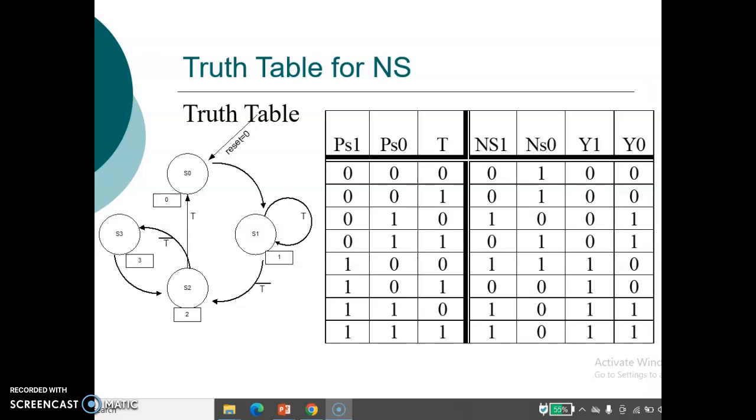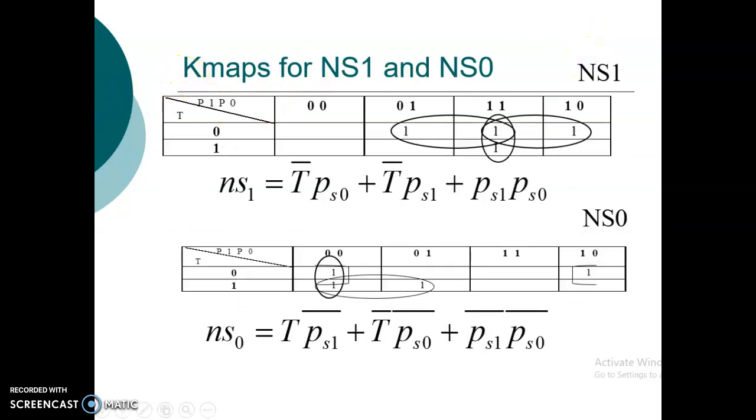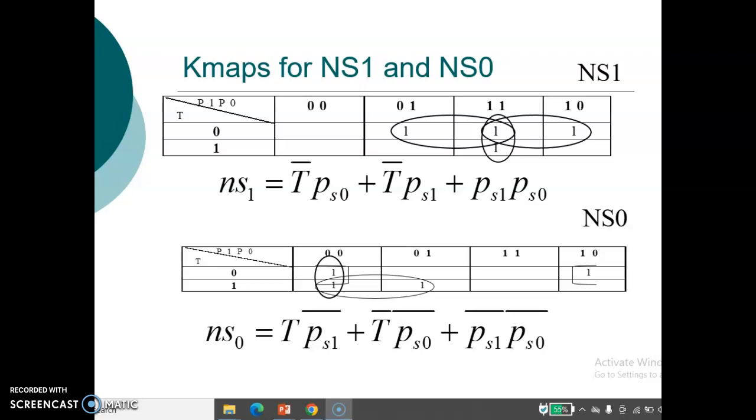Truth table for NS, we have already seen. State table, state diagram, so we have already seen about this. K-maps for NS1 and NS0.